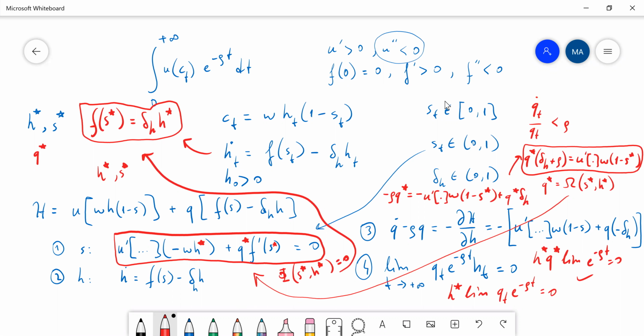You go home and try a very simple version of this. For instance, utility is again logarithmic, and schooling production function is Cobb-Douglas, right? With a greater than 0 and alpha between 0 and 1.